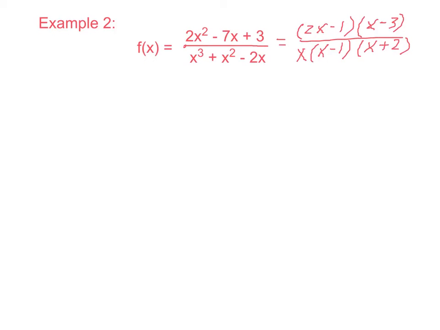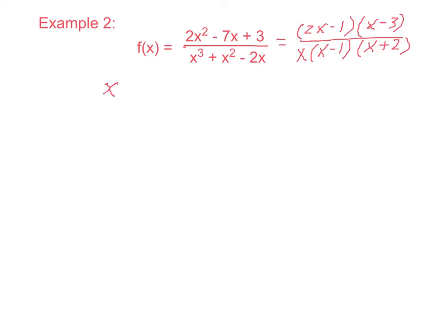Okay, so first of all, we're going to look for the domain. The domain is what are the possible values that x can have for this function. Well, if you look at the numerator, x can be anything. But if you look at the denominator, you realize that there are certain values that x cannot be. Specifically, x cannot be 0, because that would make the denominator 0.